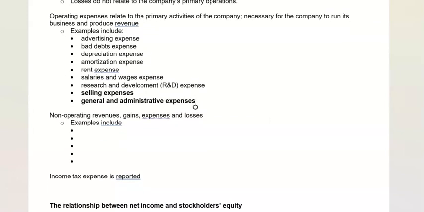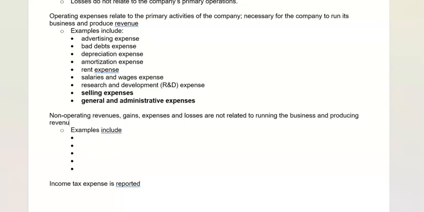Non-operating revenues, gains, expenses, and losses are not related to the company's primary activities. Examples include interest expense. These are the results of the company choosing to finance with notes payable or bonds payable, some sort of long-term debt.